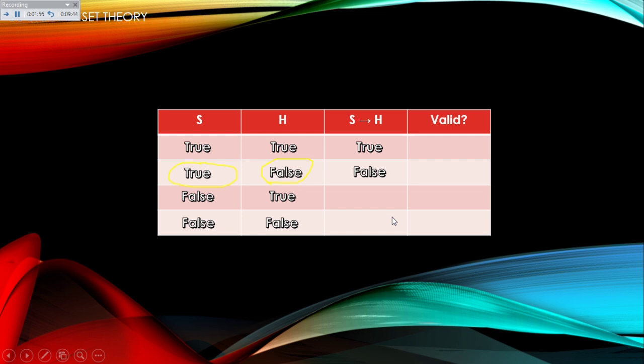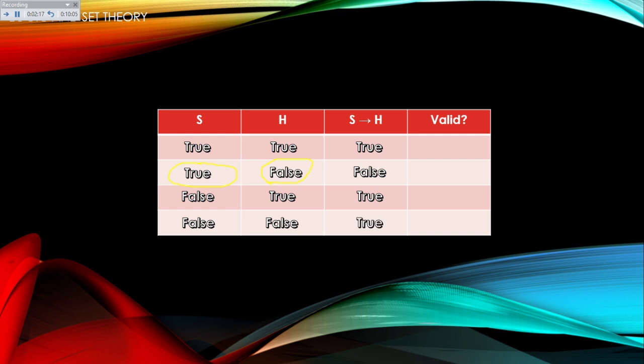The next one is true. In row 3, S is false and H is true; this doesn't necessarily contradict the statement, so the implication is also true.